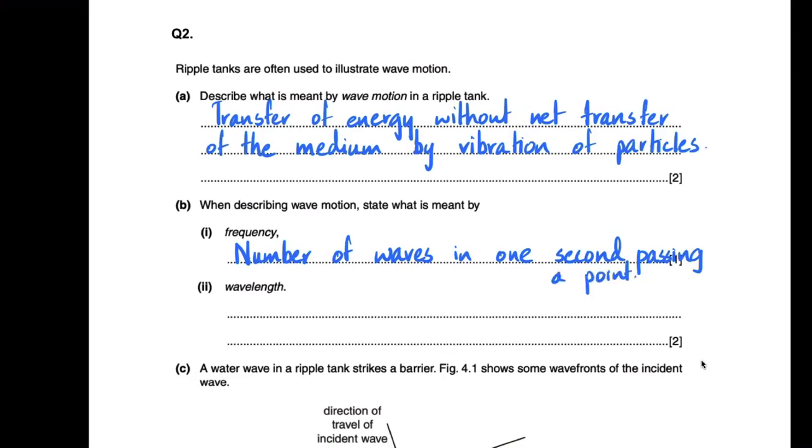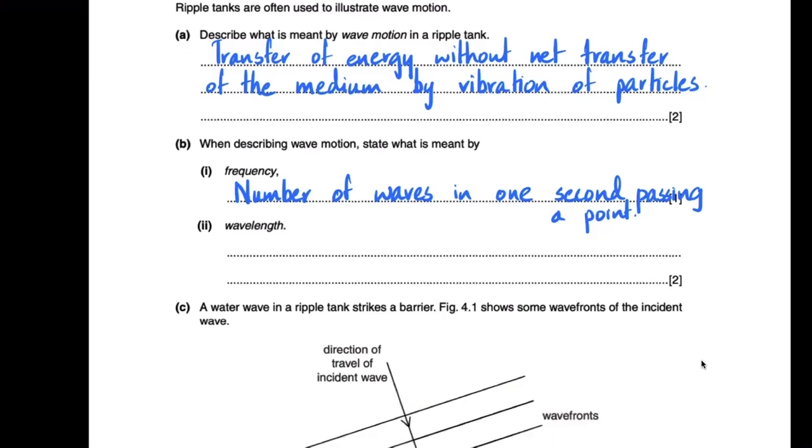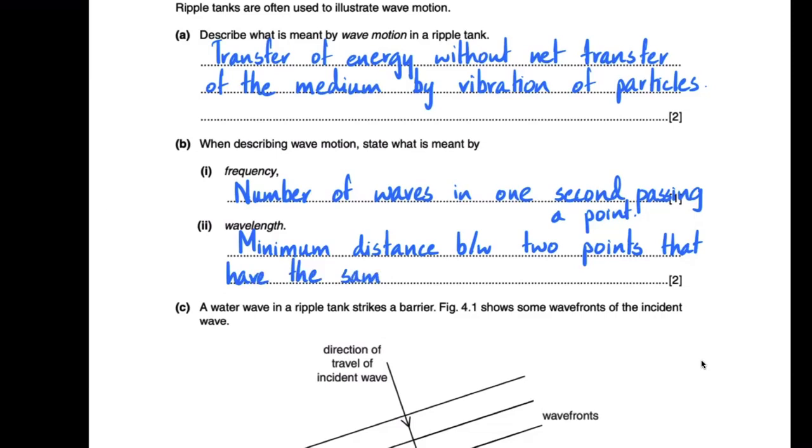Wavelength, so usually the definition is it's the distance between two consecutive peaks or two consecutive troughs, but in the more recent mark schemes we are seeing this definition, which is why I'm going to write this here, that this is the minimum distance between 2 points that have the same displacement and velocity.